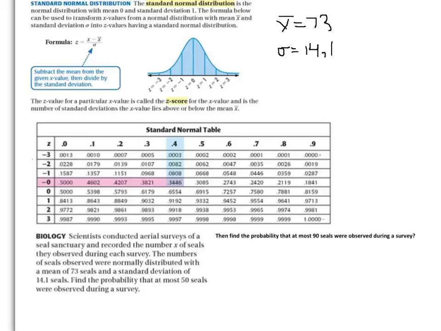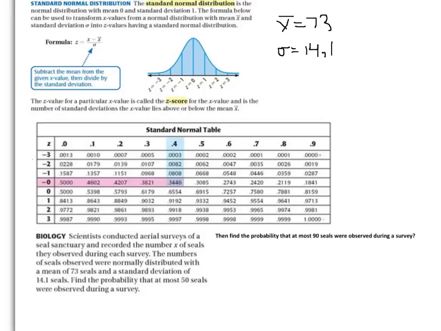So at most 50. So that means 50 or less. Okay, so that's what our curve is. Because this curve always tells you the percent below. Not the percent above, but the percent below. So what do we do for this?